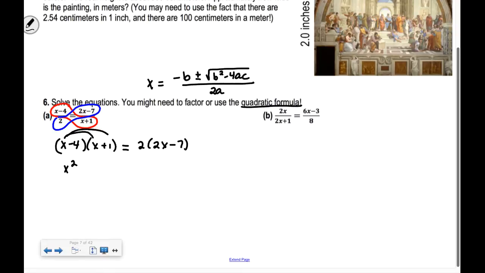My outer is x times 1, so x. My inner is negative 4 times x, so minus 4x. And my last is negative 4 times 1, which is negative 4. And then over here, I just distribute, so I get 4x minus 14. You guys kind of remember this from algebra.